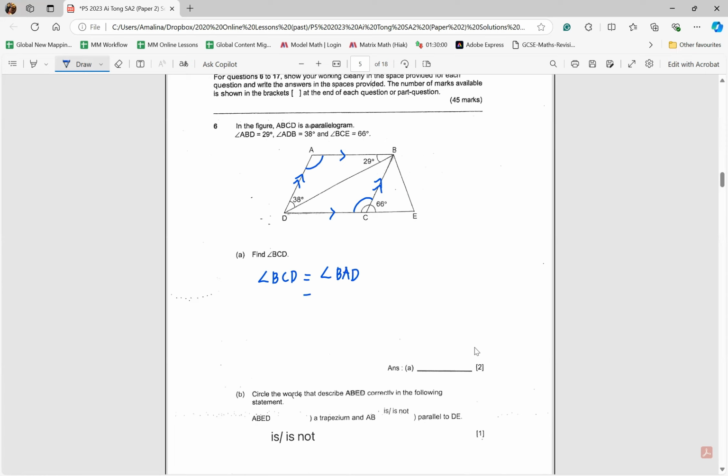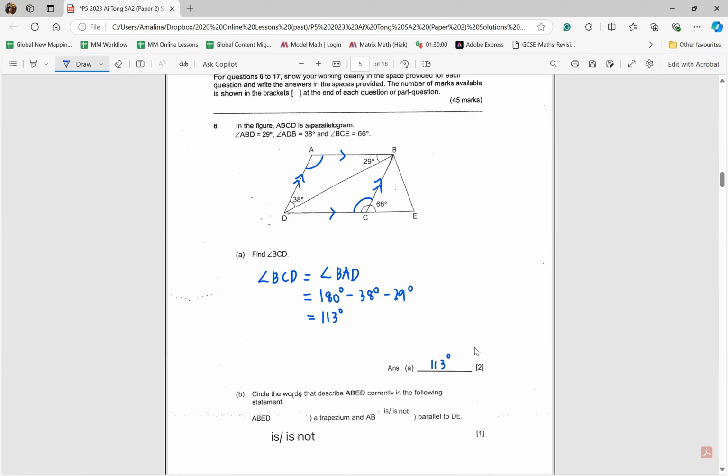If I want to find this angle, I will take my 180 degrees minus my 38 degrees minus my 29 degrees. Okay, why? Because of angle sum in a triangle. So that shall give us 113 degrees.